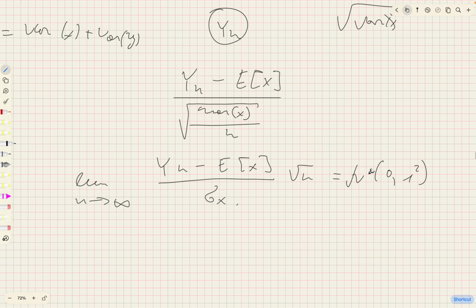So this equation here will be a normal distribution with a mean of 0 and standard deviation of 1, because we are normalizing it. Okay, that's it.